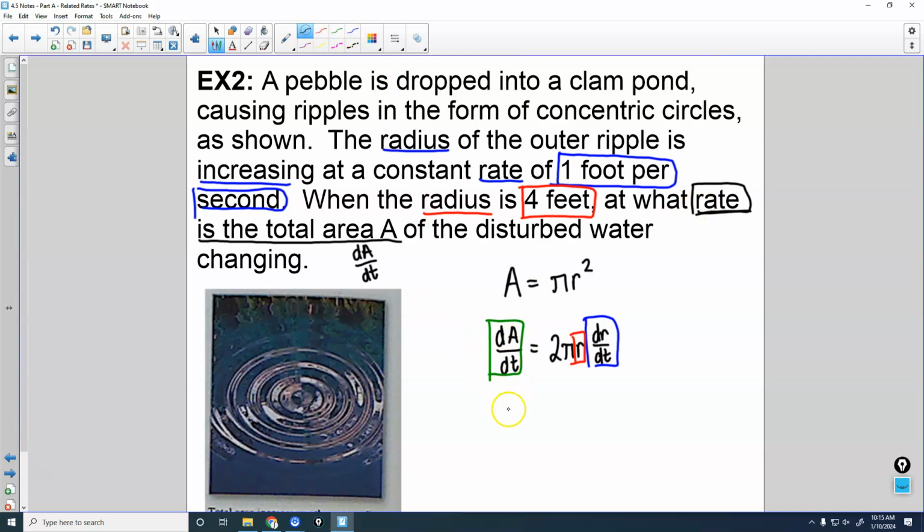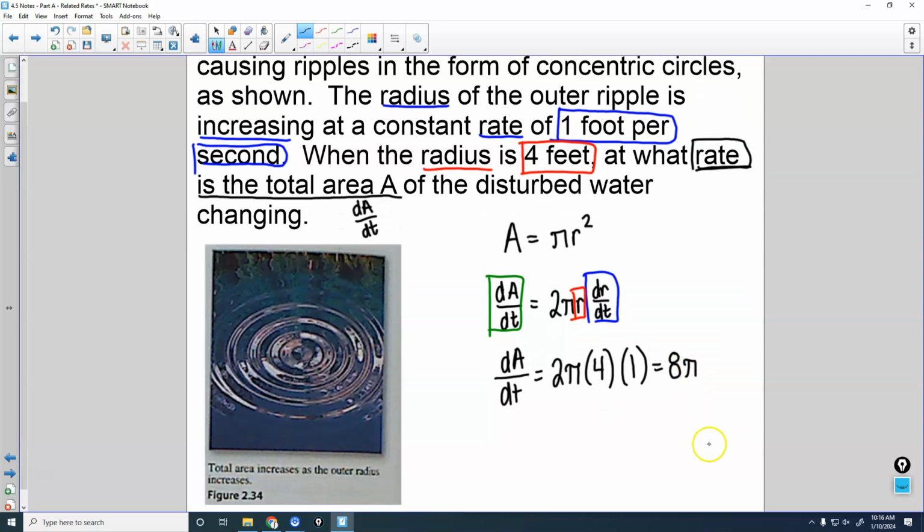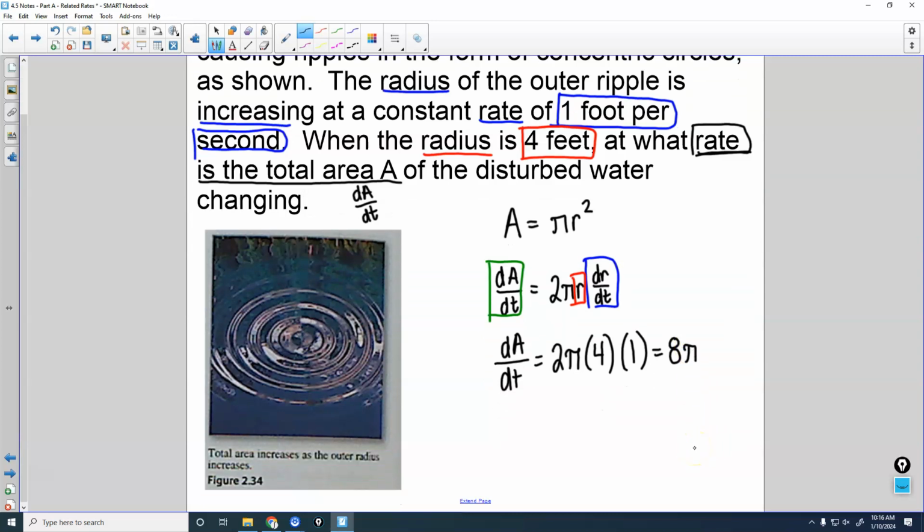So we'll have dA/dt equals 2 pi times 4 times 1, which is going to give us 8 pi. Okay. If a problem has units in the problem, we want to make sure that we put units with our answer. So what are the units for dA/dt?